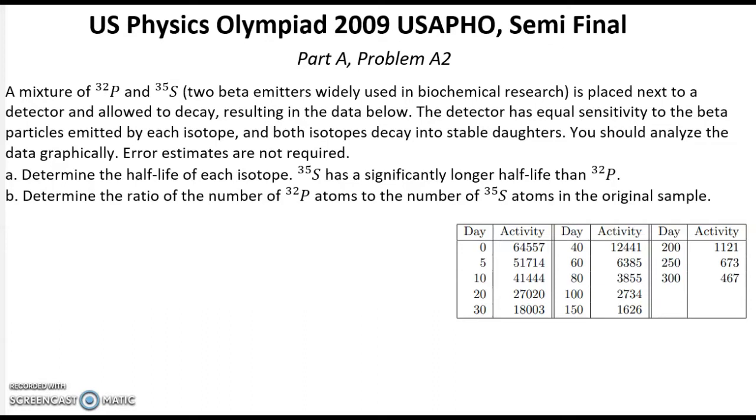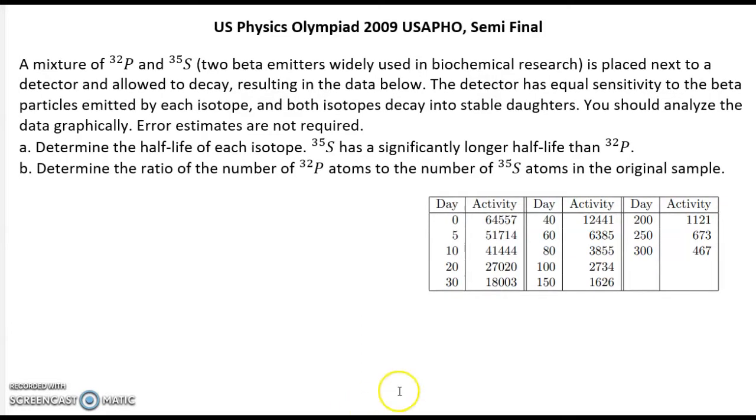Solution. First, let's start to analyze this table. We already know that the element sulfur has a significantly longer half-life than phosphorus. And if we look at this table, we can see that the minimum step is 5 days.